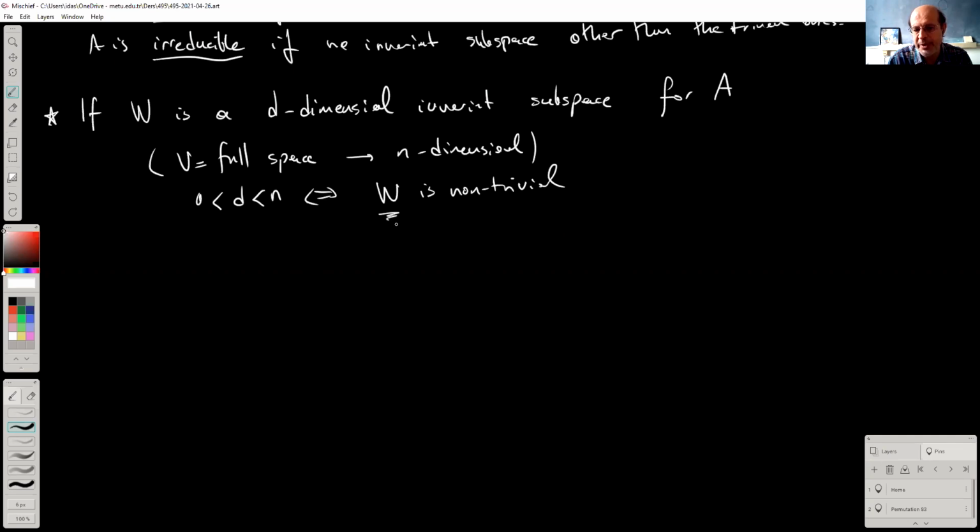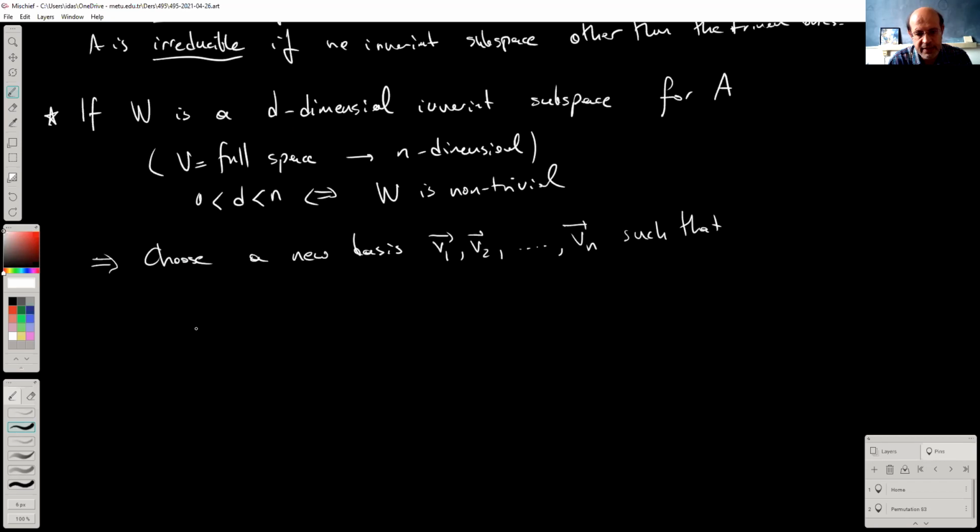Now, since we have a subspace here, I can choose a new basis such that the first D vectors span W. So this is the procedure: choose a new basis for V, V1, V2, dot, dot, dot, Vn, such that the first D vectors, V1 to VD, span W.